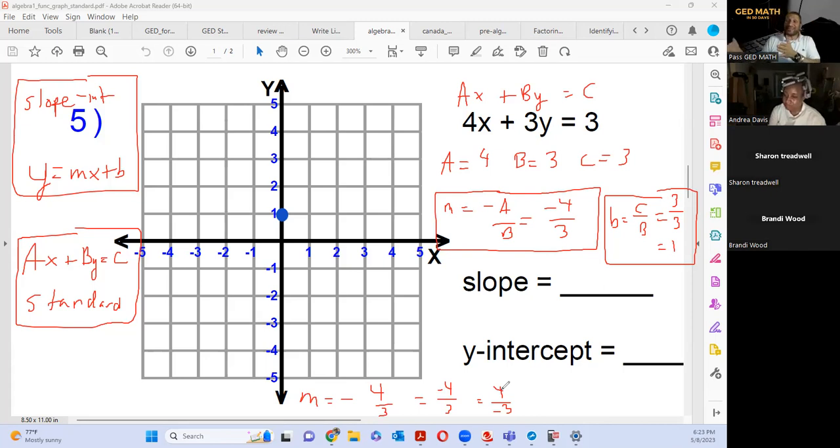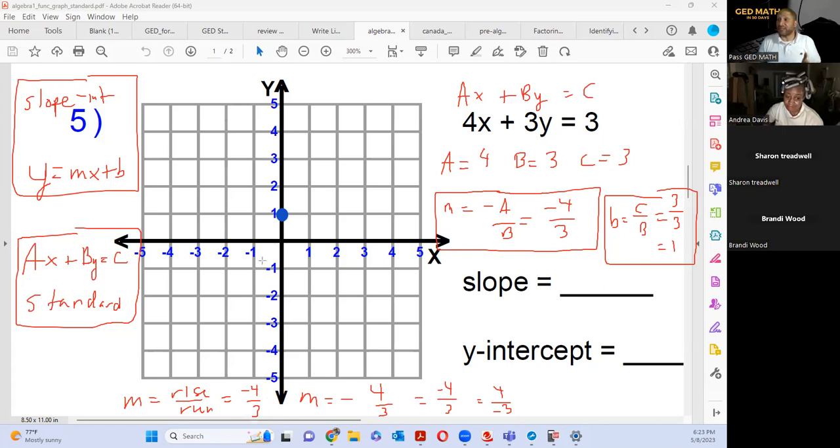What this tells me is that the slope equals rise over run. So if my rise is -4, what direction am I going? Down. How many? 4. So I'm going to go down 4. Am I done? No. The slope is rise over run.